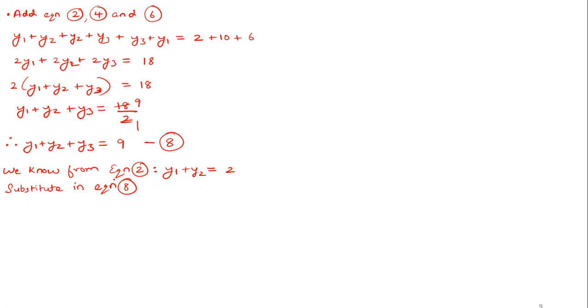So y1 plus y2 is 2, so this part will become 2. So 2 plus y3 is equal to 9. So I'll send 2 to the other side, plus will become minus, so minus 2, and y3 will become 7. So we got y3 value as 7.